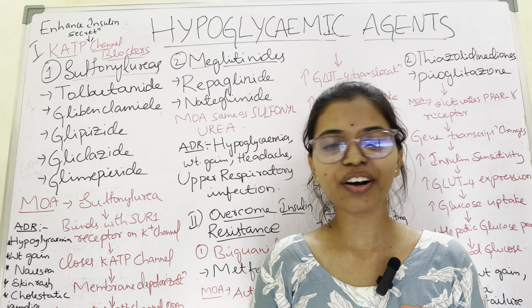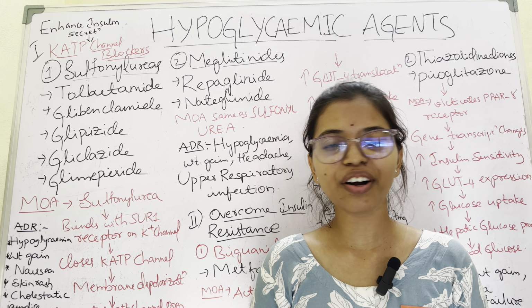The drugs under sulfonylurea are tolbutamide, glibenclamide, glipizide, gliclazide, and glimepiride. These are the sulfonylurea KATP channel blockers.